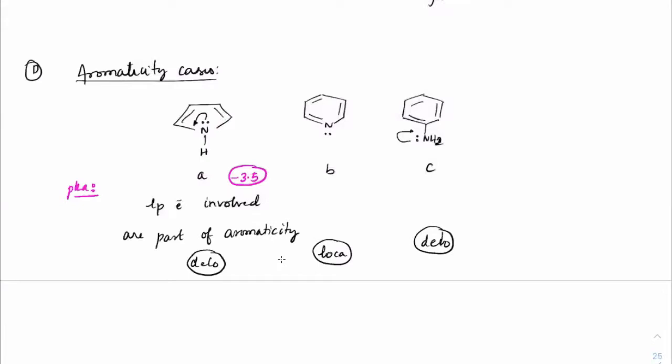And the pKa value of pyridine is around 5.2, while for aniline it is around 4.5. All right, so you can see that B has the higher pKa value. Remember, the more the pKa value, the more basic the character. The less the pKa value, the less basic the character. Everybody got the point now?